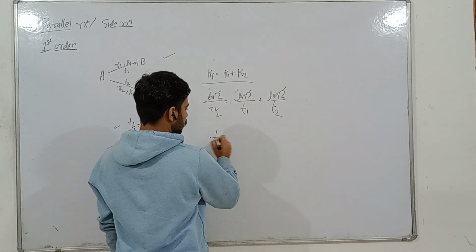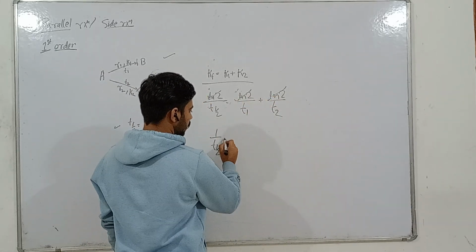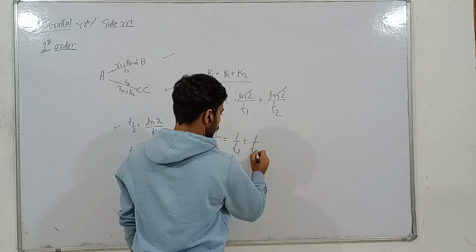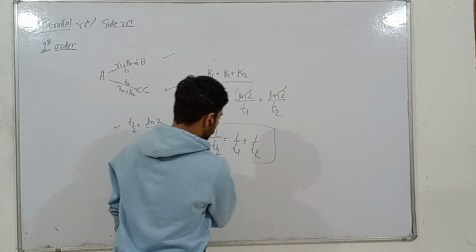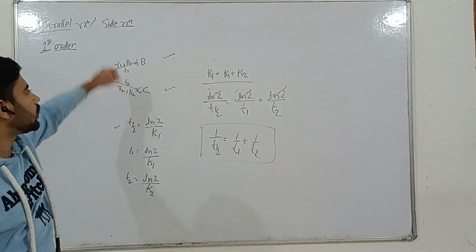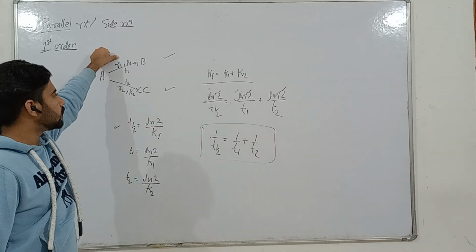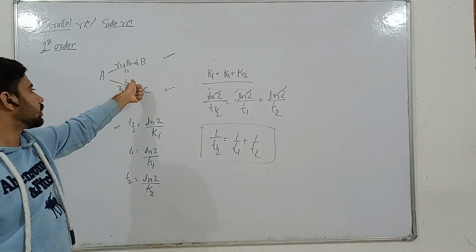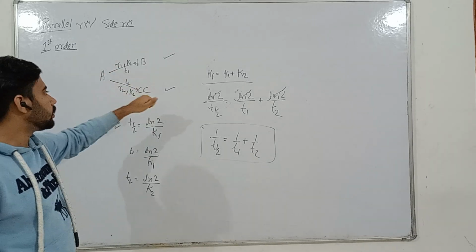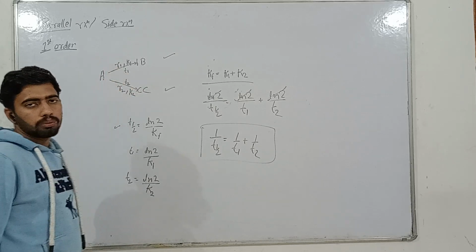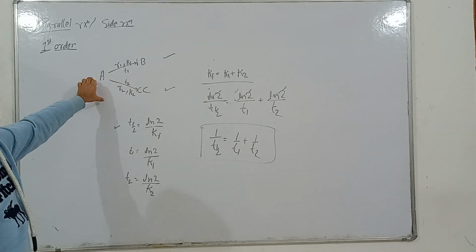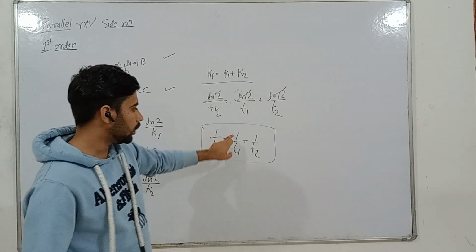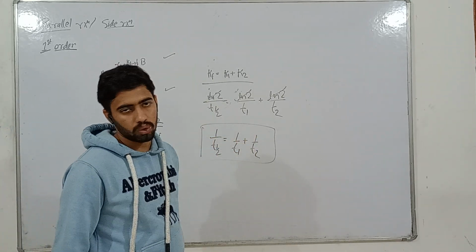So 1 upon t half equals 1 upon t1 plus 1 upon t2. If the half time of this reaction is t1 and of this reaction is t2, then we find the t half of the overall reaction: 1 upon t half equals 1 upon t1 plus 1 upon t2.